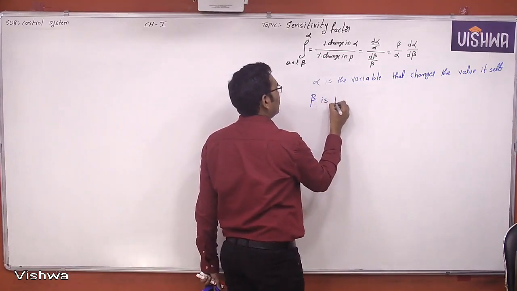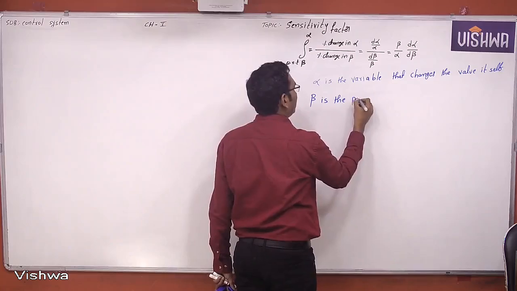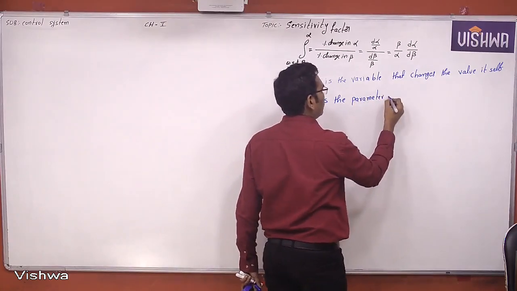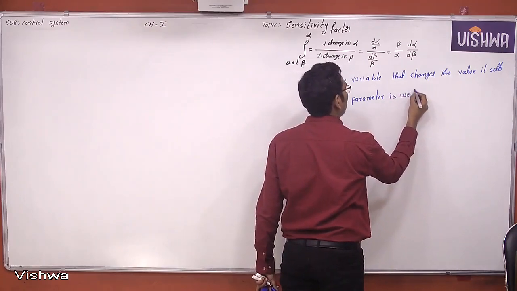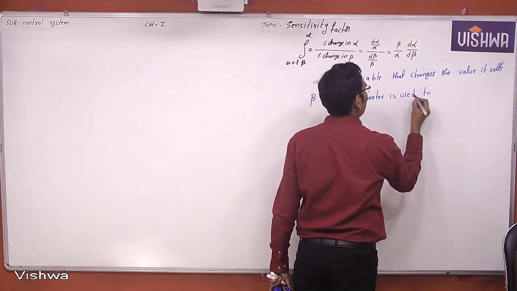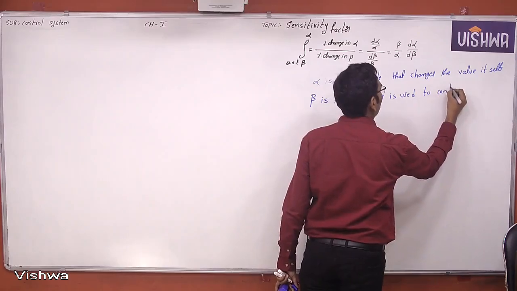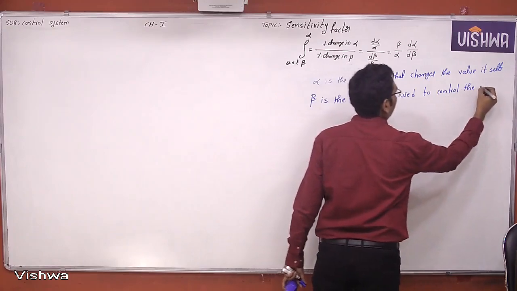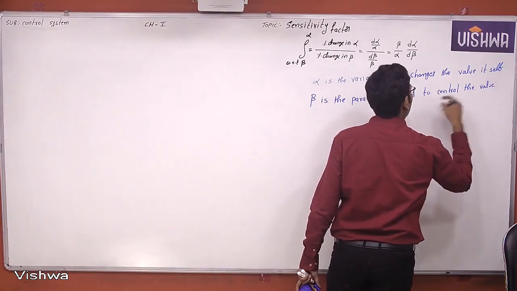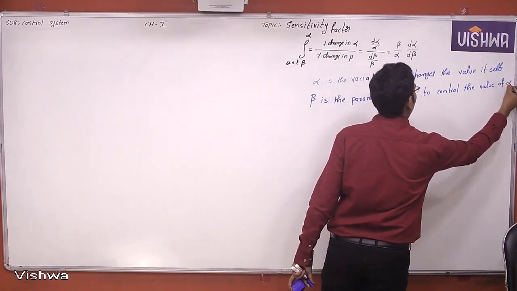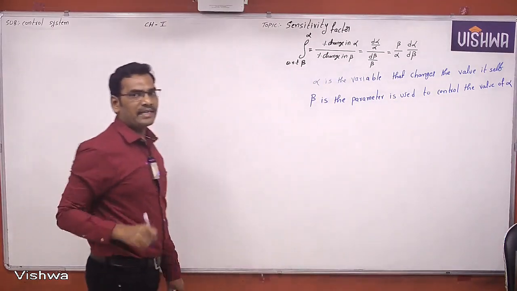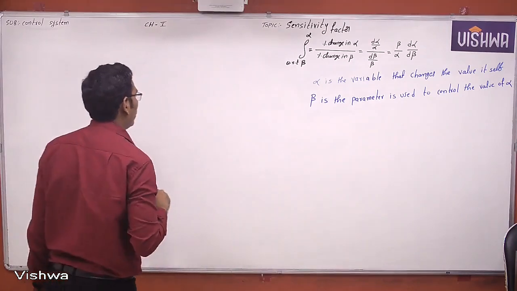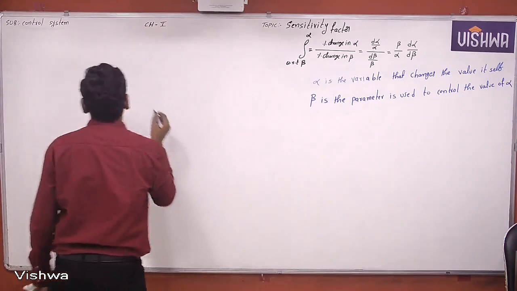Beta is the parameter that is used to control the value of alpha. Okay, so for better understanding I will take one small example such that we can easily understand. Not an issue, so I just take one small example.